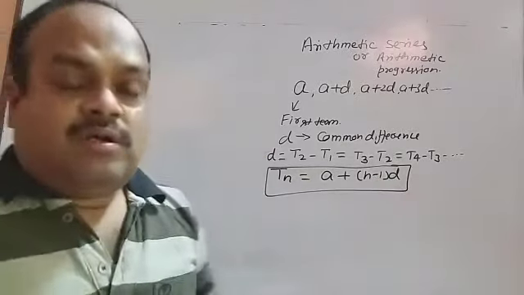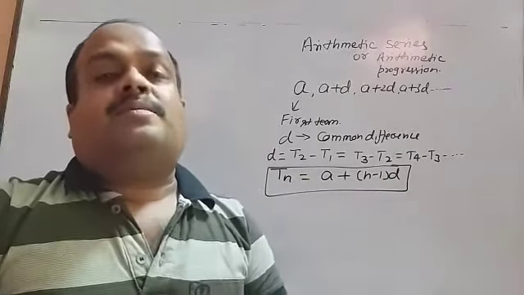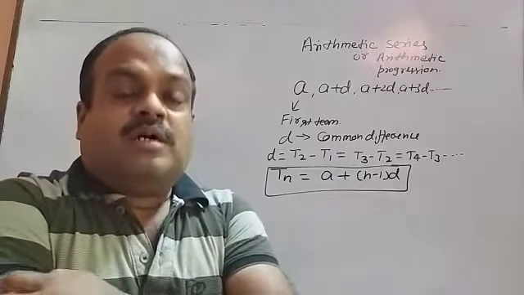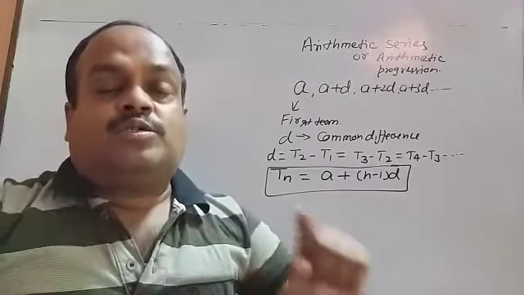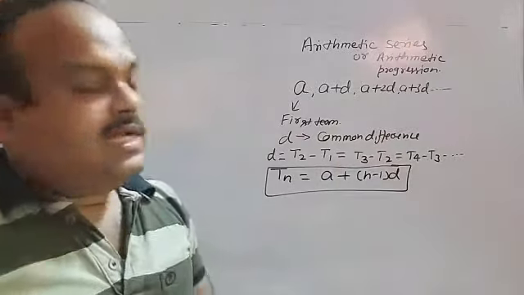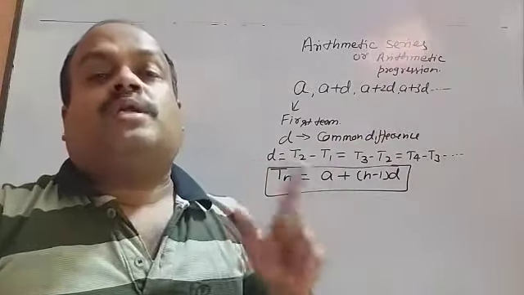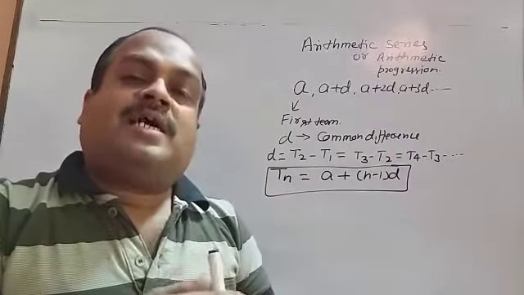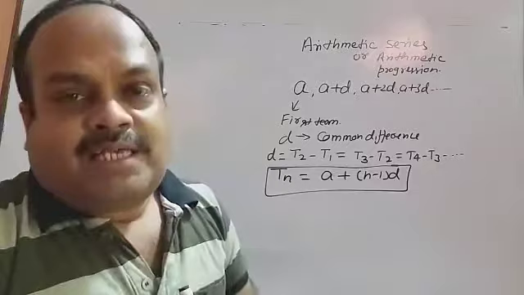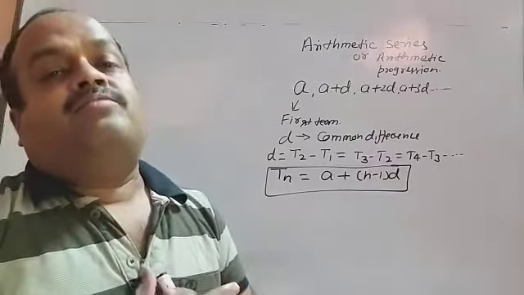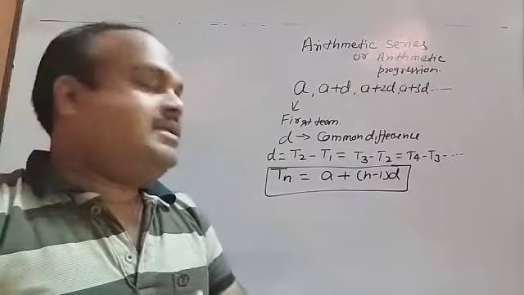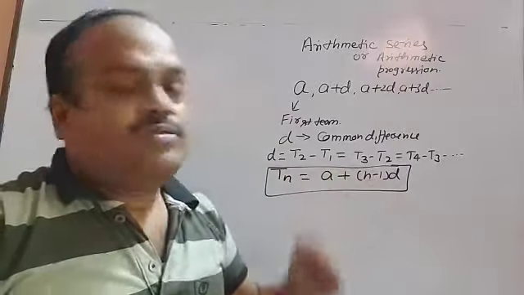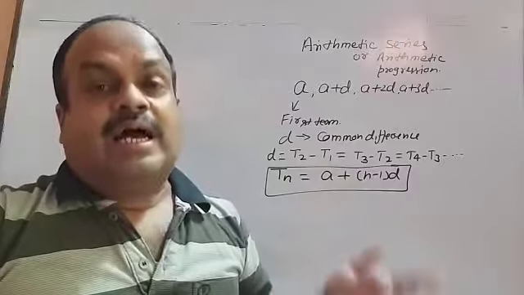where n denotes the number of terms. Suppose we want a term at the 20th place, then the value of n will be 20. If we want the number placed at the 10th place, the value of n will be 10 and the formula will be a plus 9d, because 10 minus 1 becomes 9.